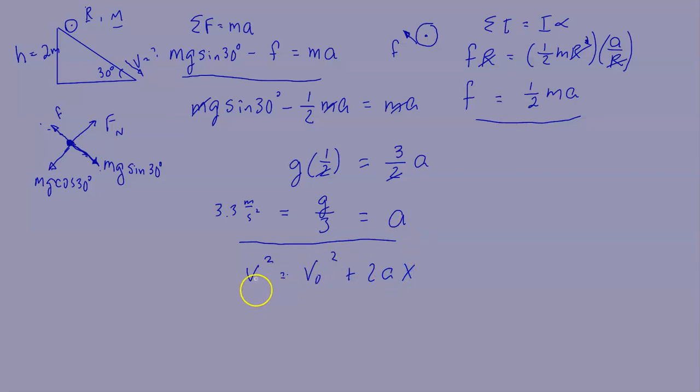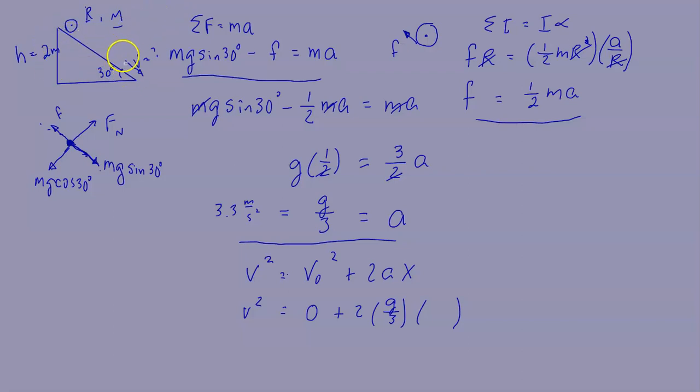And so if we go ahead and solve for that velocity, initial velocity is 0 plus 2. Acceleration we found was equal to g over 3. And the distance it travels down the plane, this is 30 degrees. The opposite side is 2.